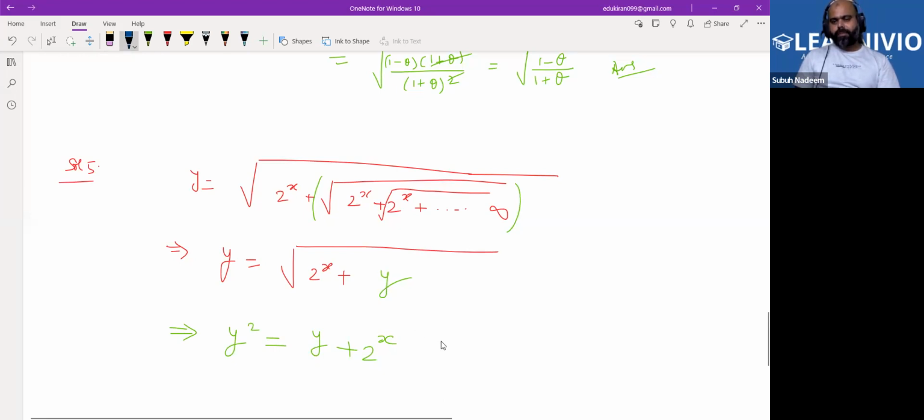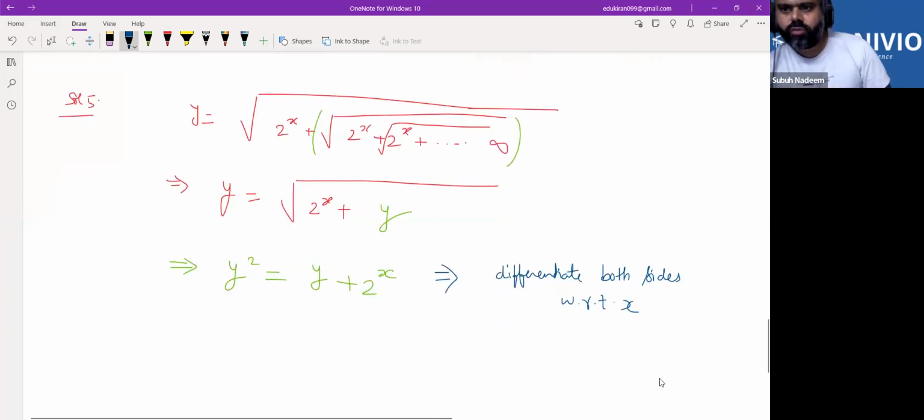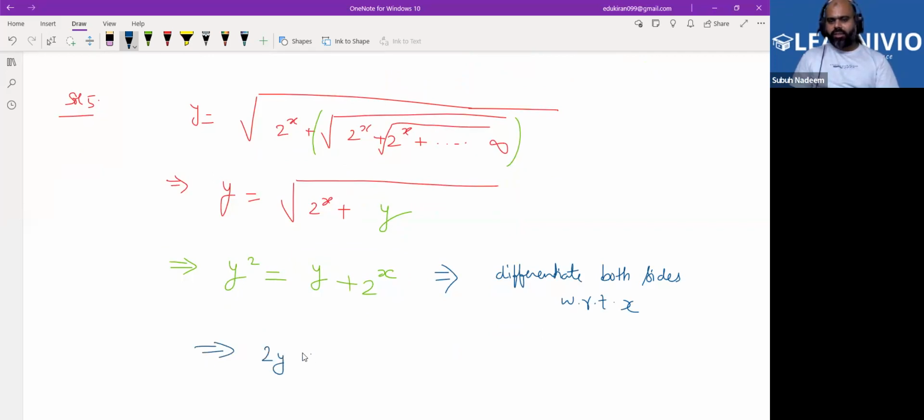Is it clear? Yes, sir. Now let us differentiate both the sides with respect to x. So when we do it, on the left side it will be 2y dy by dx on differentiating it.